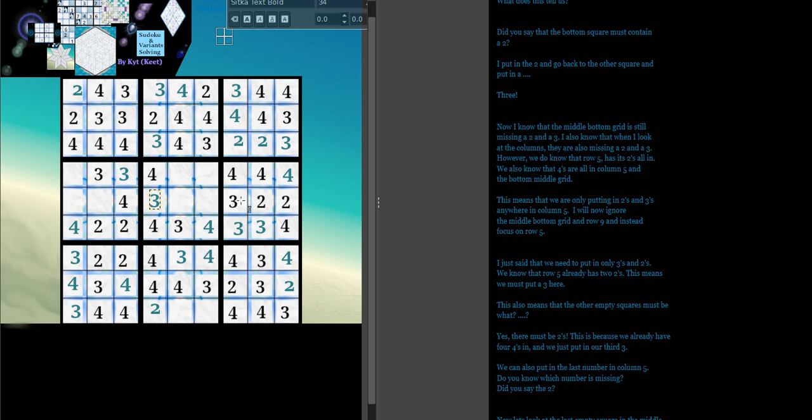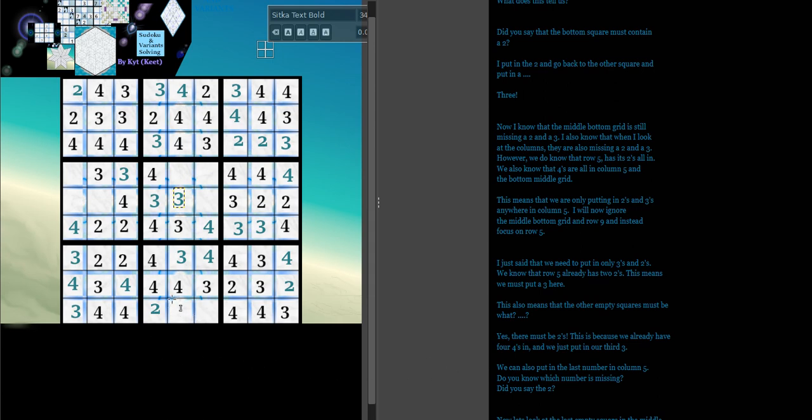I just said that we need to put in only 3 3's and 2 2's. We know that row 5 already has 2 2's. This means we must put a 3 here. This also means that the other empty square must be what?